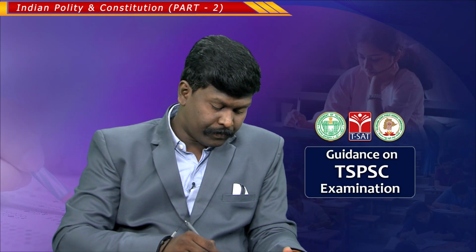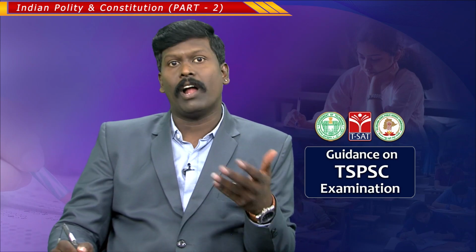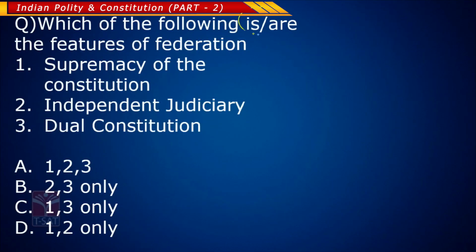Next question. As we have just completed a question, now let's look into another one. Which of the following is or are the features of the federation? See, not just about India, but there are two types of countries in the world. The first one is the federal nations.